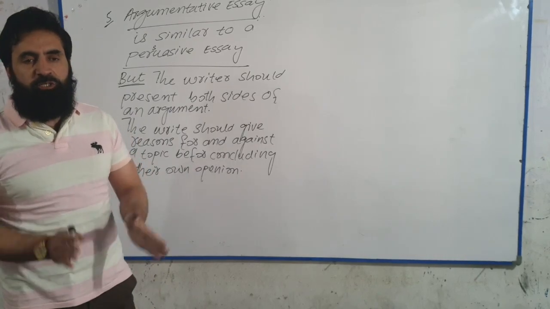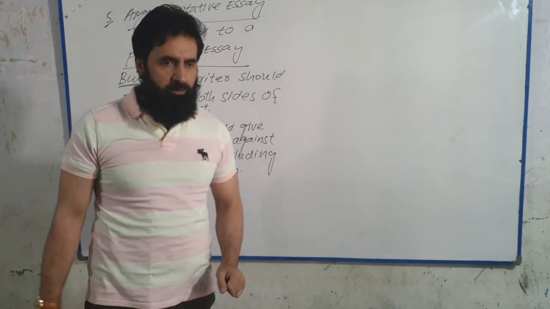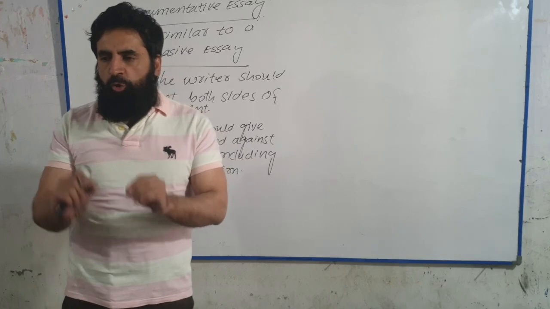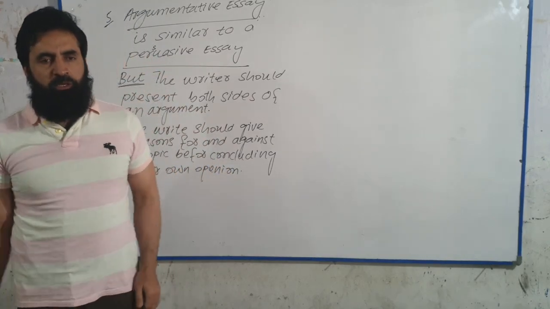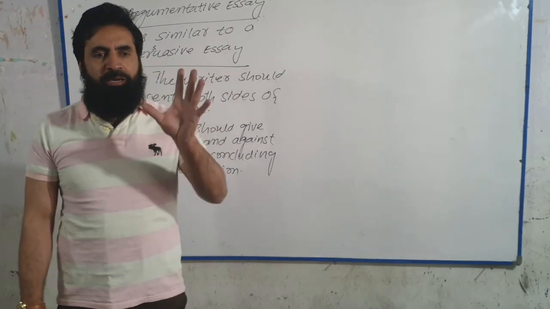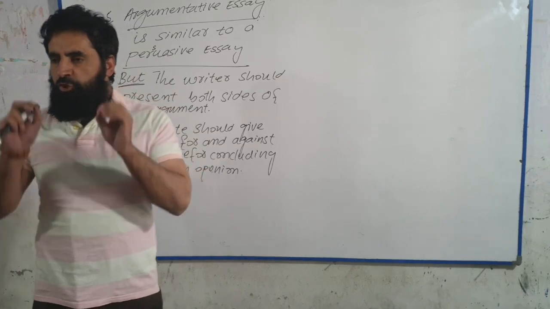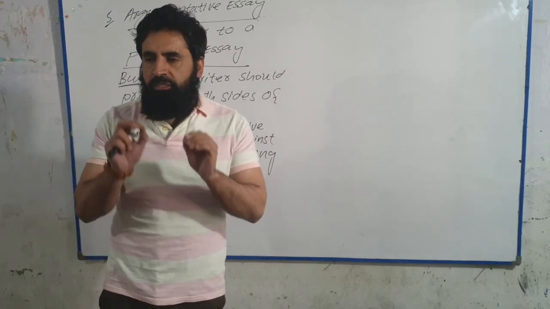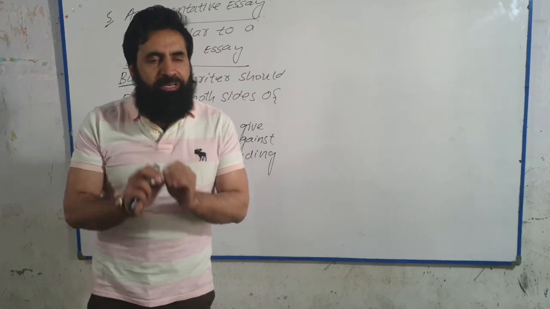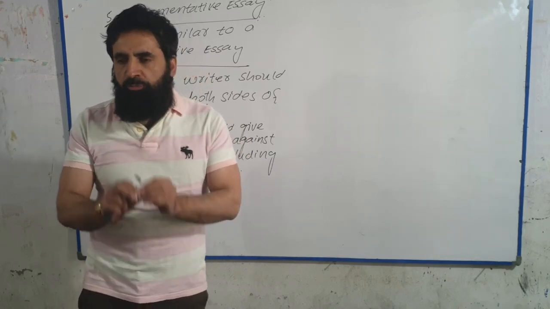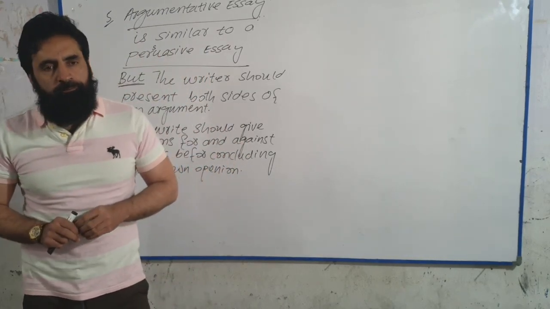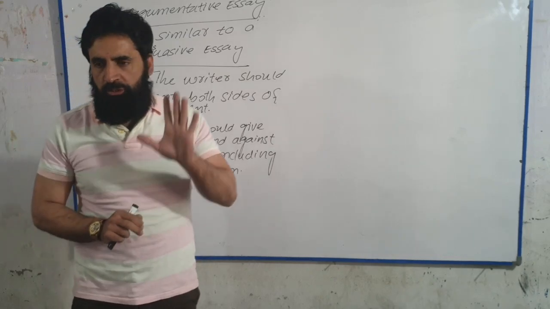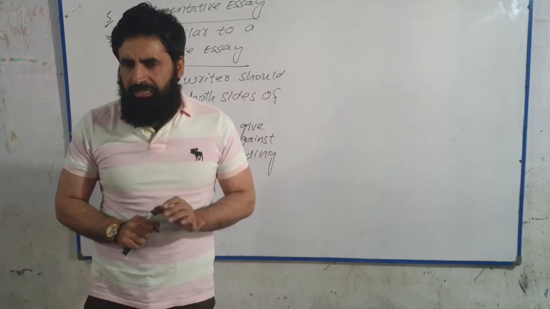The writer should prove with evidence that the writer's point of view is much better. The writer should provide facts and examples to prove that the writer's arguments are much more important than the opposing one. Does everyone understand?